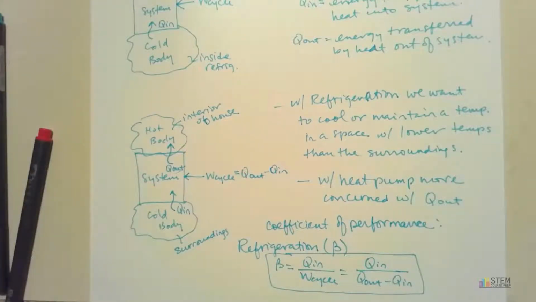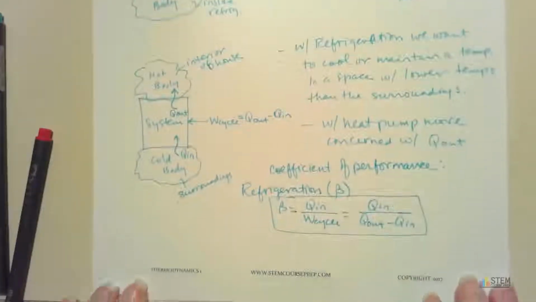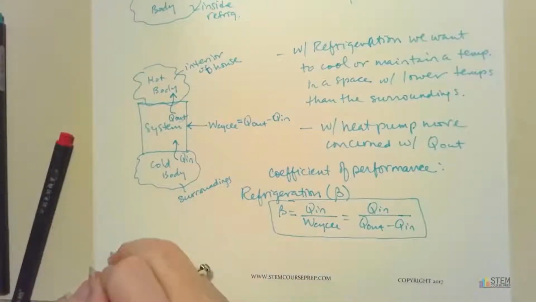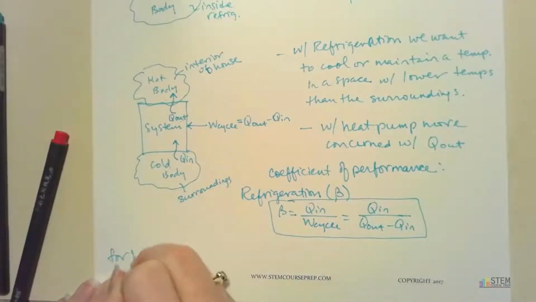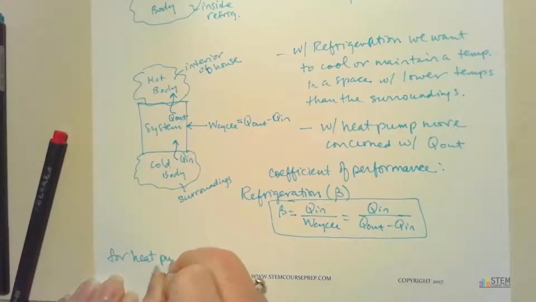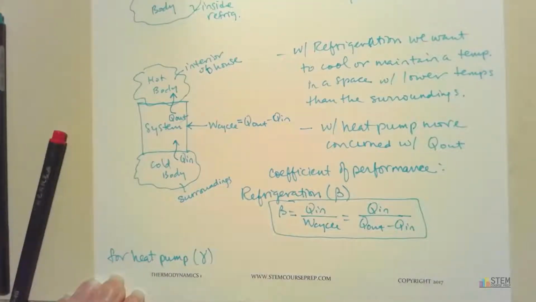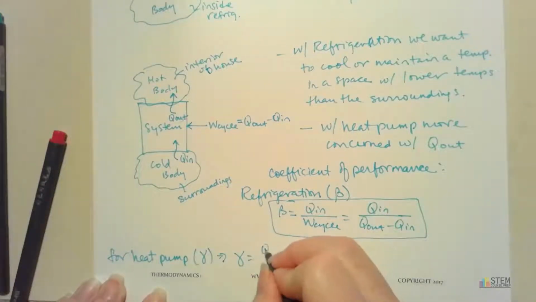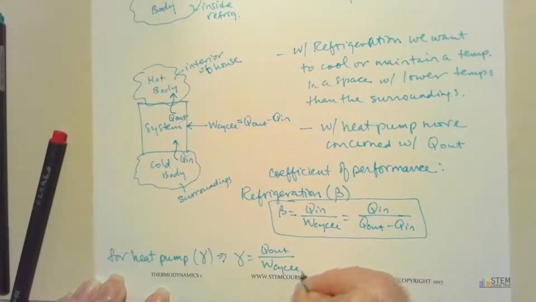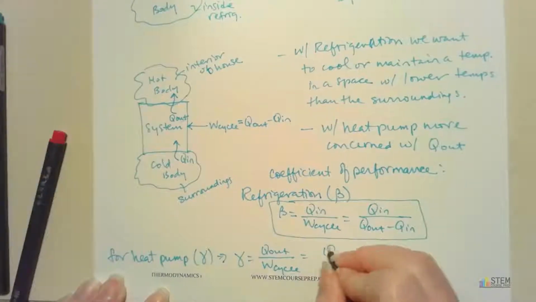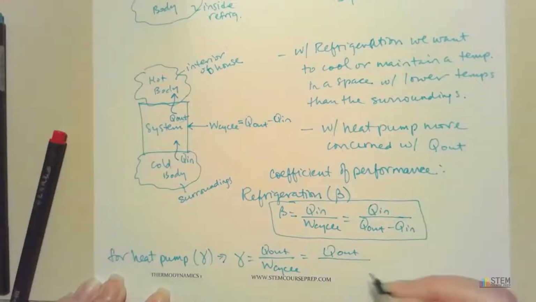And we'll have a coefficient of performance for heat pumps also. And that symbol will be gamma. So gamma, since we're concerned with Q out, we're going to have Q out over the work of the cycle. So that'll be Q out over Q out minus Q in.